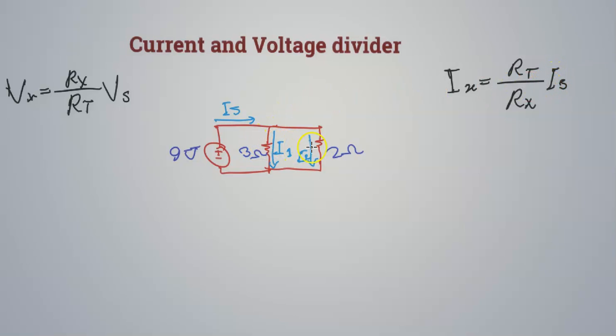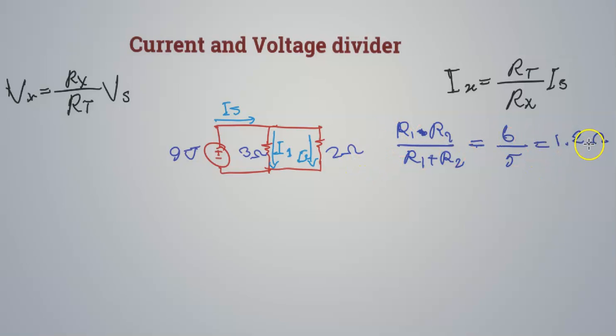And in order to find it, we need to find the total resistance. And the total resistance is R1 times R2 divided by R1 plus R2. And this is a multiplication. And you get 6 divided by 5 and a value of 1.2 ohm.